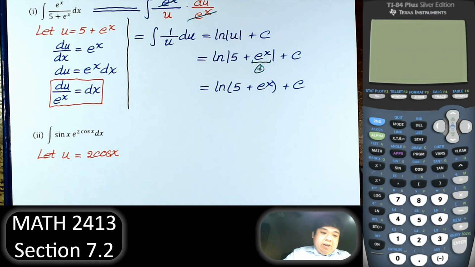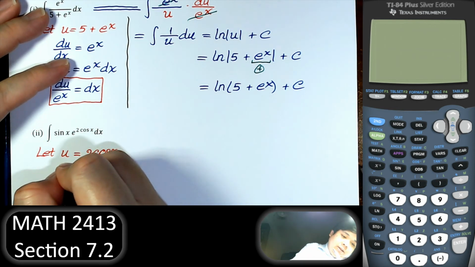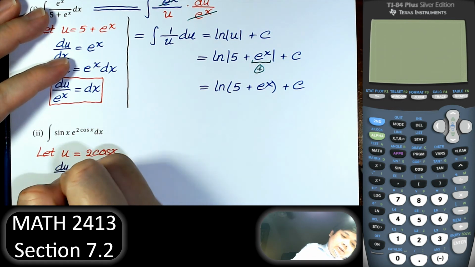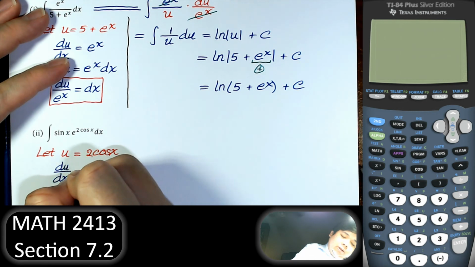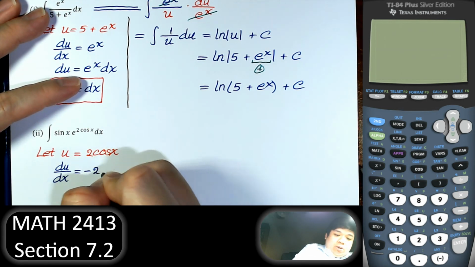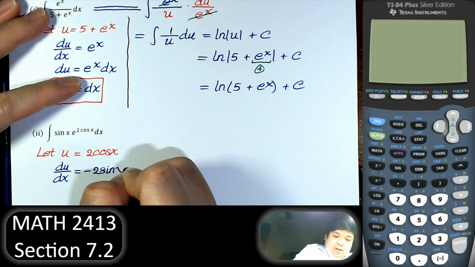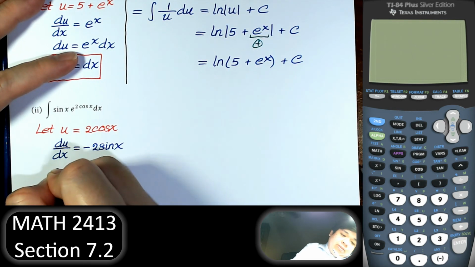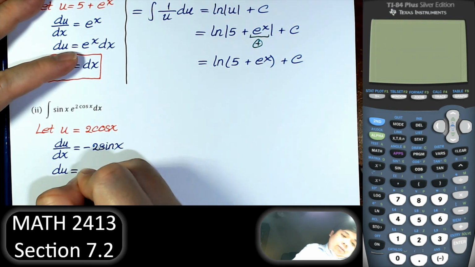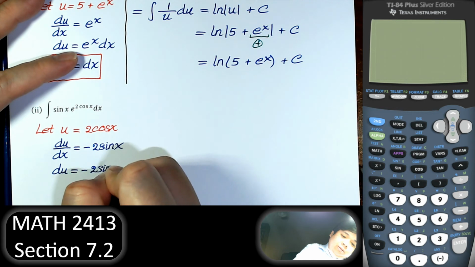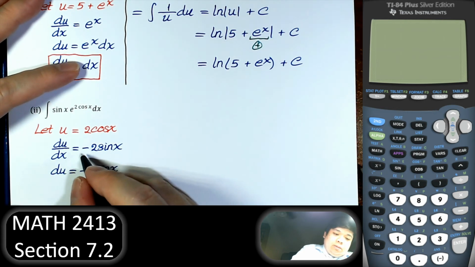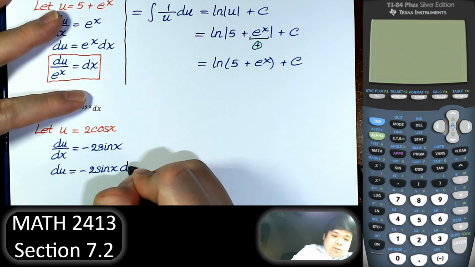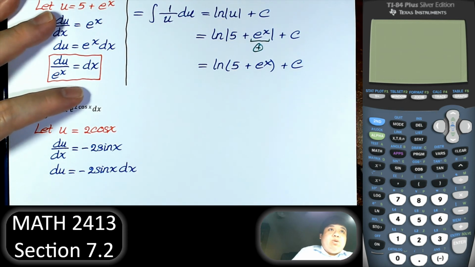Then we take the derivative. It's negative 2 sine x. Move the dx over and divide by negative 2 sine x.